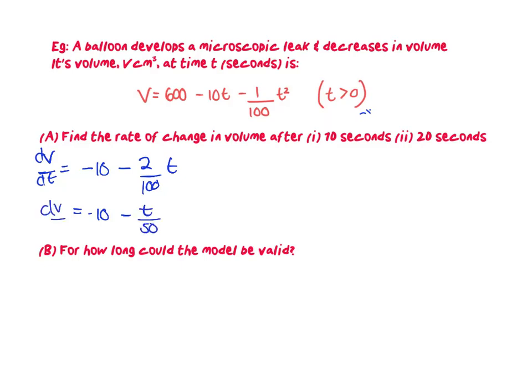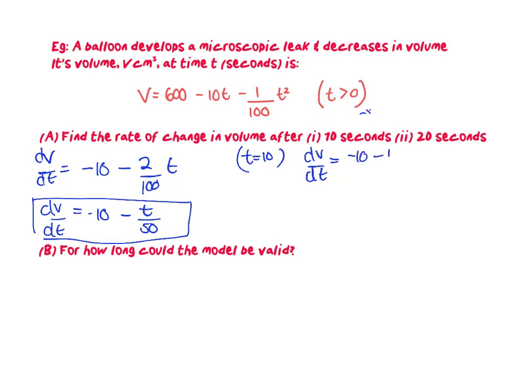So dV dt, we've got the rule for our derivative, so we can find the rate of change at any time, and they want when t equals 10, so I'll pop that in. So dV dt at that time will be negative 10 minus 10 on 50, which equals negative 10 1/5.